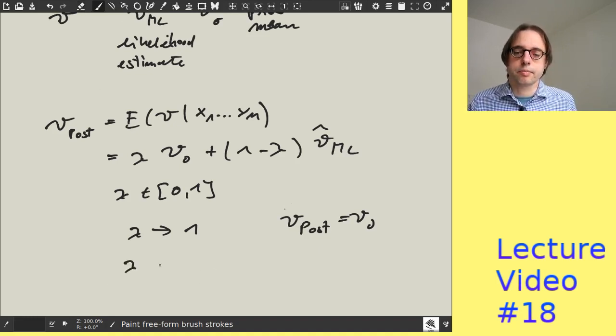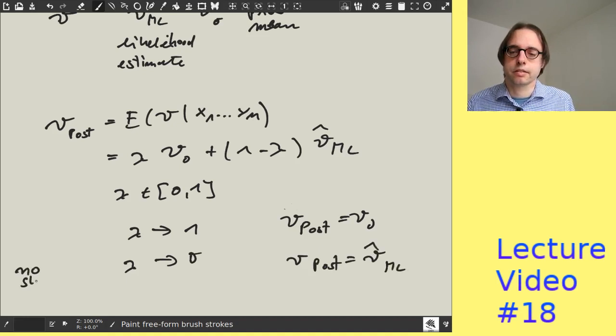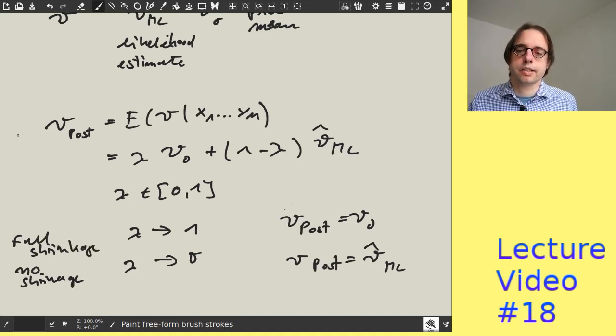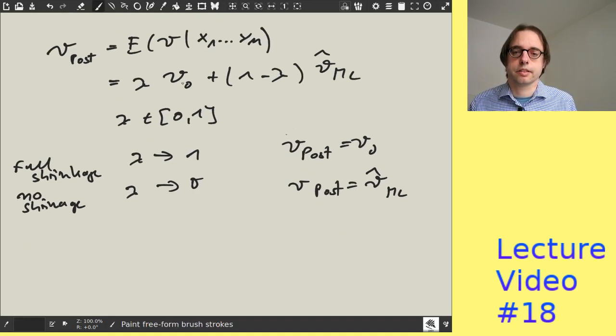And if there's no shrinkage, then theta post will be the maximum likelihood estimator. So that's the idea. And so this thing, theta naught, is also called the target.